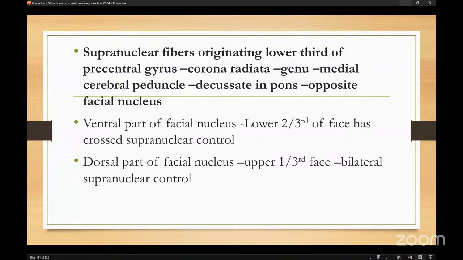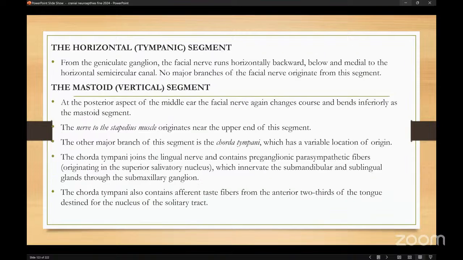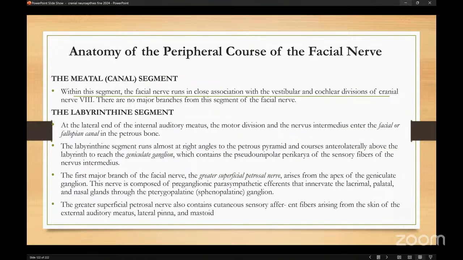The ventral part of the facial nucleus takes care of the lower two-third of the face and has a crossed supranuclear control, whereas the dorsal part covers the upper one-third of the face and has a bilateral supranuclear control.